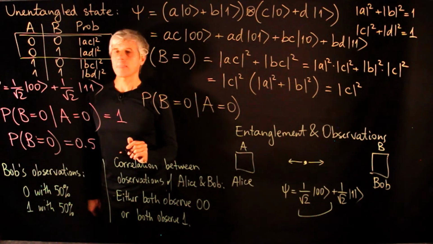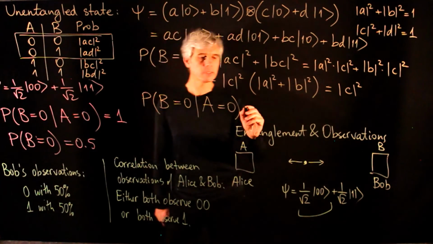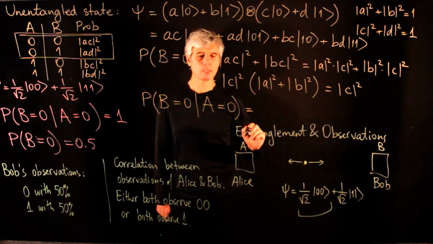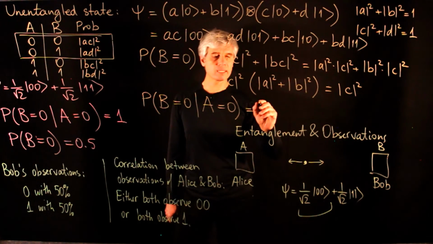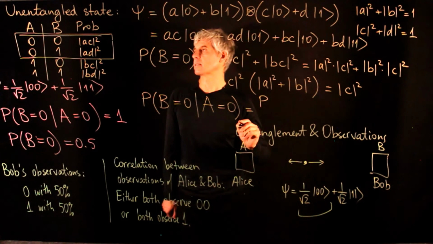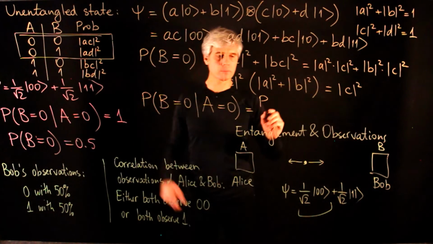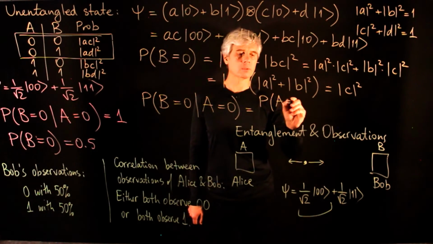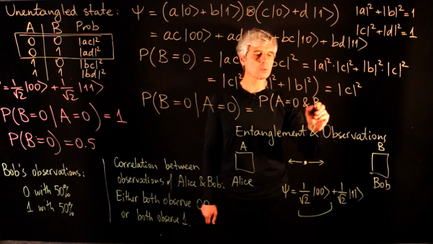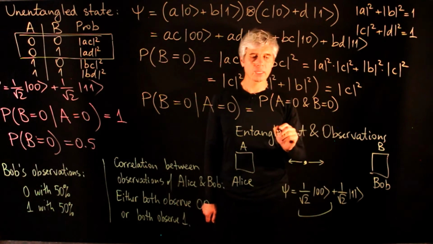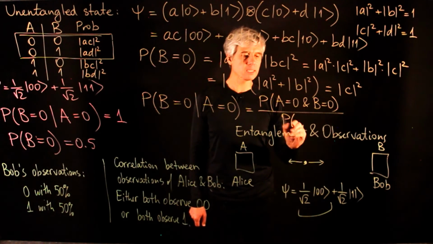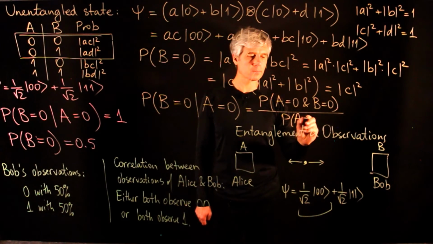And so this is equal to the probability that A is equal to 0 and B is equal to 0, divided by the probability that A is equal to 0.